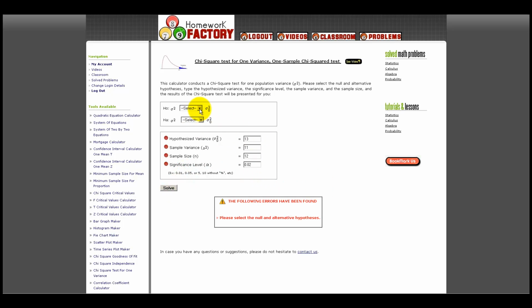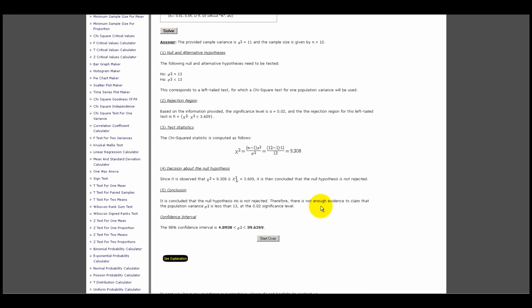In this case, for example, I forgot to set the null and alternative hypothesis, and I get this message. So I know I have to go, sure, I forgot, and I just select this, and I get my answer.